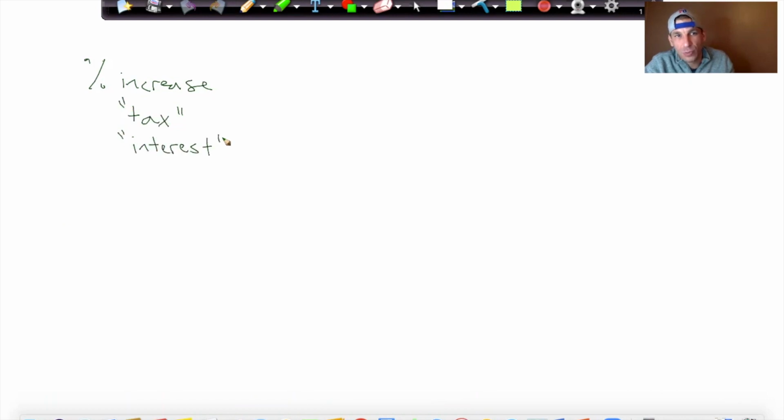The way that you want to do this is you want to have 1 point something. So basically you're going to multiply the original amount times 1, with 1 being 100% of something, and this part here is your actual percentage increase.